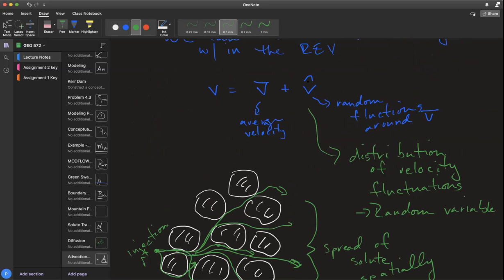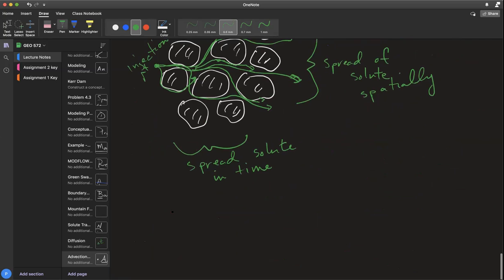So we're going to say the movement of fluid or transport of solute by v hat, these random velocity fluctuations or this random velocity distribution that we don't know that is spread around our average velocity, we are going to call that dispersion.